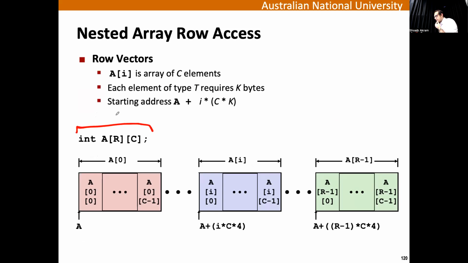Each row has C elements. If I want to grab the starting address of a specific row, I need to compute A plus I multiplied by C multiplied by 4. If I is the index of the row, C is the number of elements in a row, and each element is 4 bytes. I need to multiply all these and add to the base address of the array.